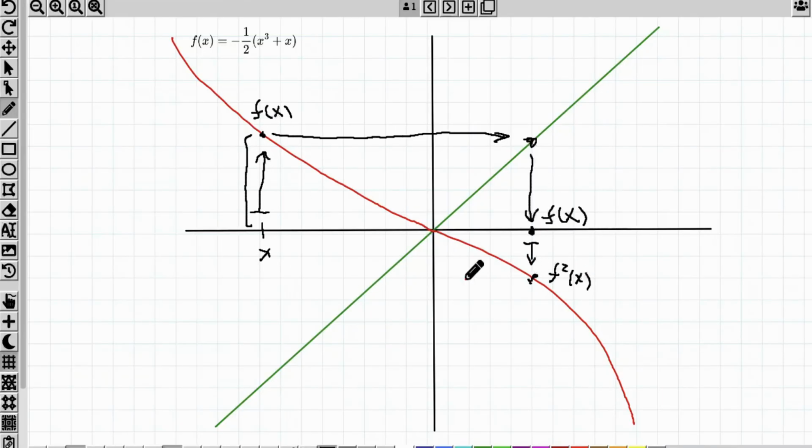So you keep drawing these lines or arrows to this identity map, and you see it kind of converges a little bit, as you see right now. And you map this back to x, or this would be f2 of x, and then you map this back to f3 of x, and then you keep going, and it kind of spirals down.